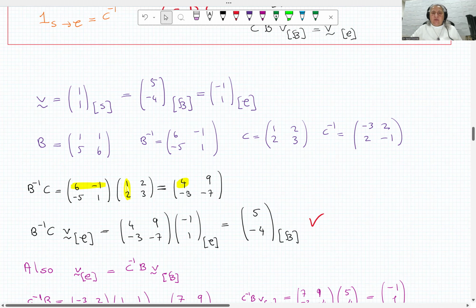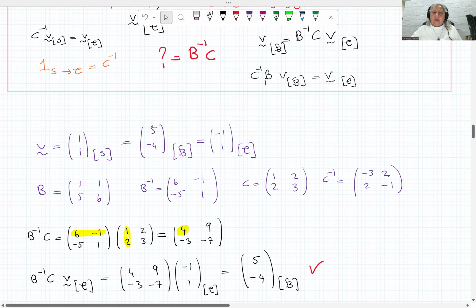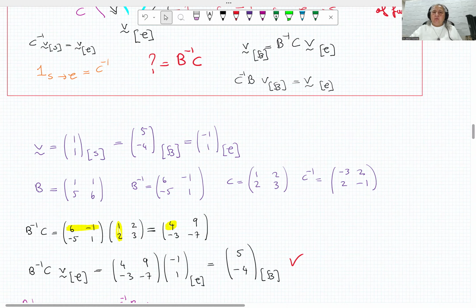And then we've just figured out that B inverse C times VC should give us the VB. Let's have a look. B inverse C times VC, this is B inverse C that we calculated here, plugged in. And the coordinate vector with respect to C is minus 1, 1, plugged in.